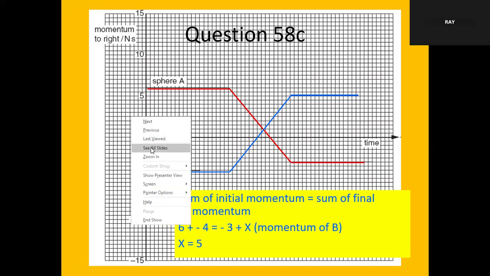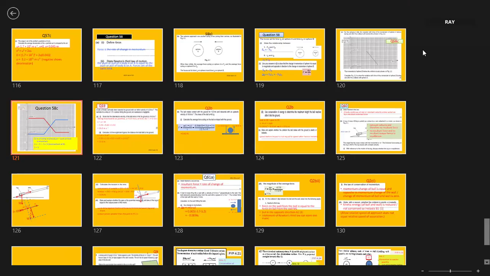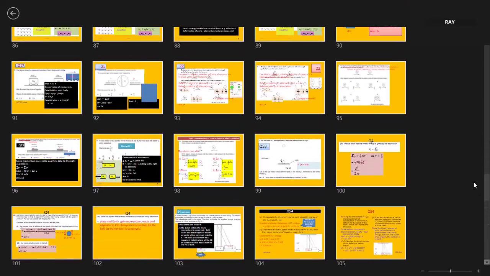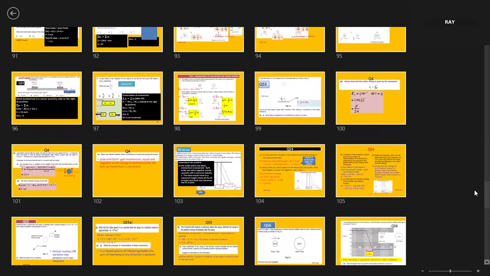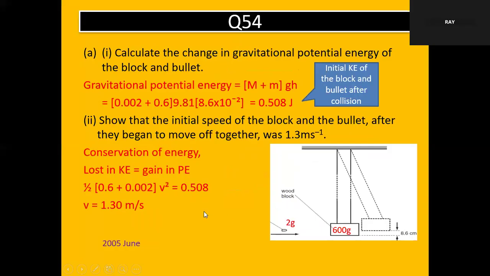Oh yeah, it is. There is a loss in kinetic energy equals gain in potential energy. Right? So that's the answer, that's the value.